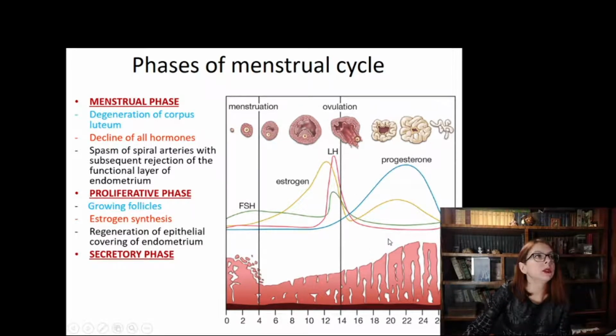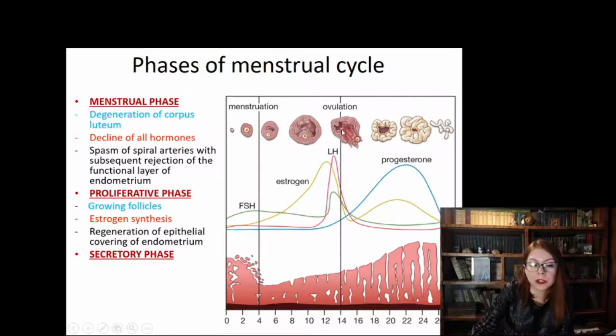And it is important to say what is there between the proliferative and secretory phase. Between those two events, a critical event occurs. This is the ovulation. So as a result of proliferation, a group of follicles start to grow, and one follicle eventually ovulates.